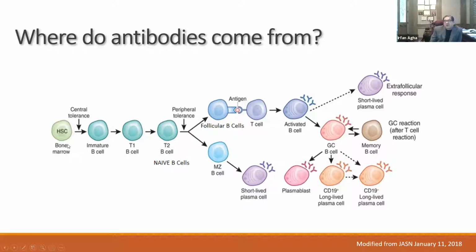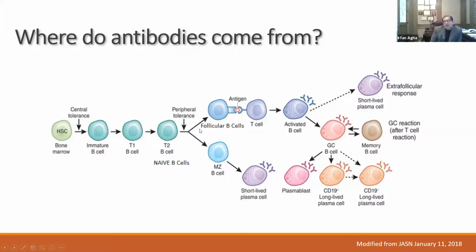So B cells are produced in the bone marrow. The hematopoietic stem cells generate immature B cells, and all the autoreactive B cell clones are taken out through the central tolerance mechanisms. Then the naive B cells are released from the bone marrow, and they go into the secondary lymphoid organs, spleen and lymph nodes, and over there they sit in the marginal zone, trying to scout out their surroundings.